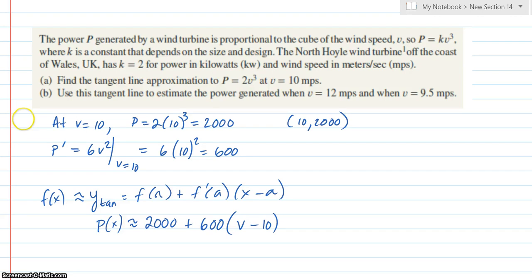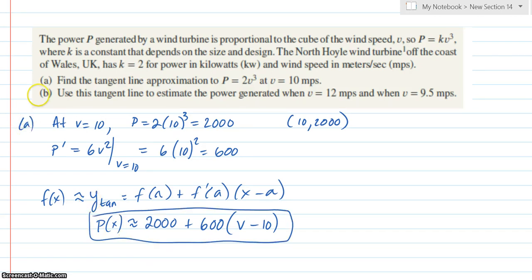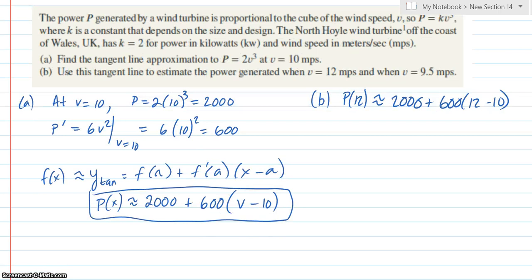So that is part A. That is the formula. Now we can use it for B, and we can use this tangent line to estimate at 12. So if you estimate at 12 here, P of 12 is approximately 2000 plus 600 times 2, and that would be 3200.